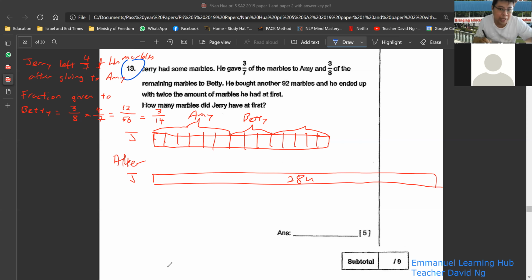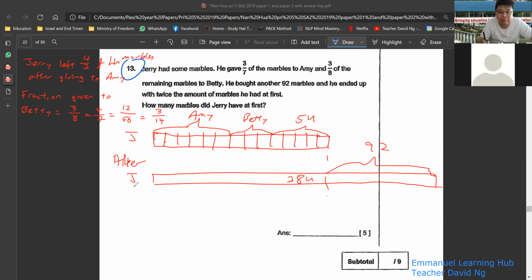Just write 28U. So this is 5U. From the model, you can tell that 5U plus 92 is 28U.